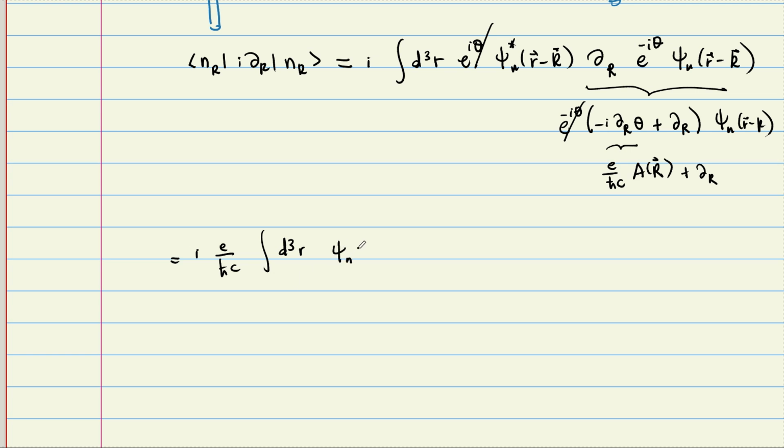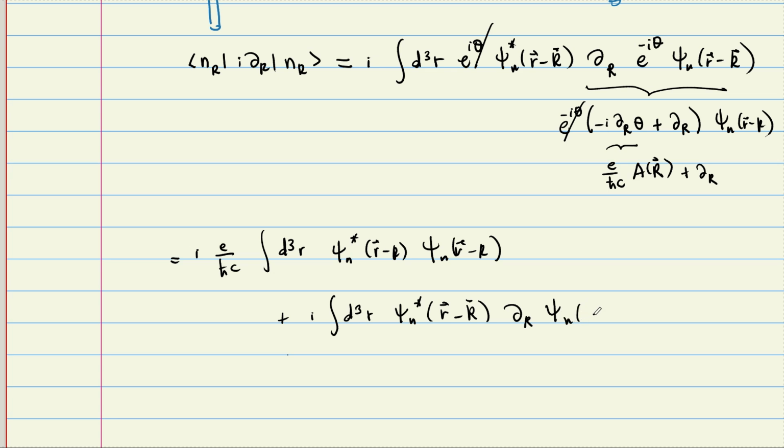So this is psi n star of r minus R, psi n of r minus R, plus, in the second line since it's not going to fit, integral d cube r, psi n star of r minus R, del R psi n of r minus R.